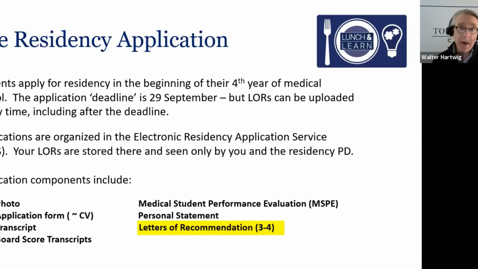And you'll see from this array that the only areas where there can be a sort of subjective narrative about the student's readiness would be in the medical student performance evaluation, or the MSPE. That's a templated document that the school produces on behalf of the student. It has very limited areas of narrative dominated by the clinical clerkship commentary that the student receives during year 3 and early year 4.